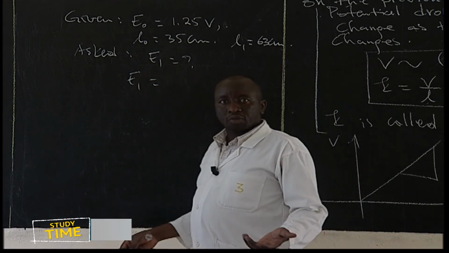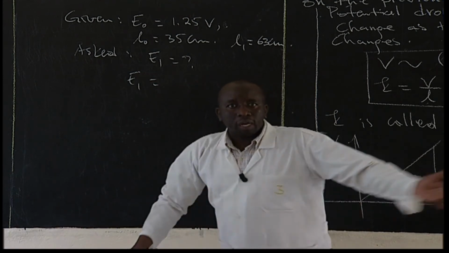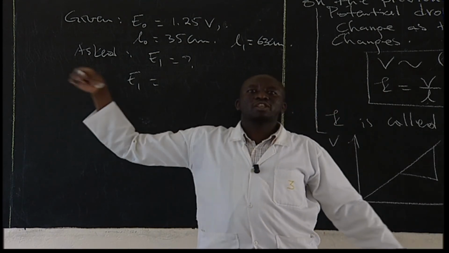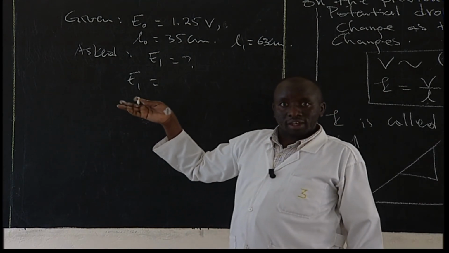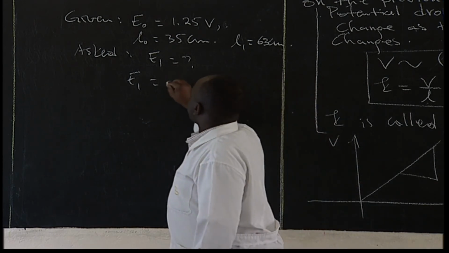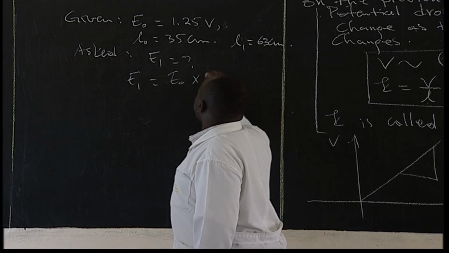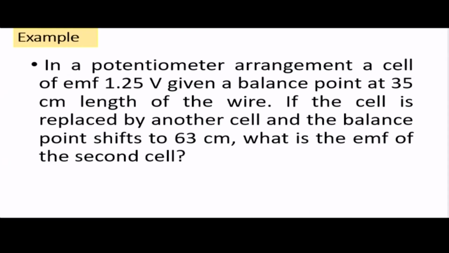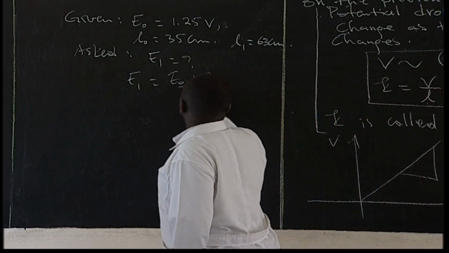The formula that we apply is which one? The one that we have determined in the previous slide. You remember that? So here we have E1 equals E0 times L1 over L0.